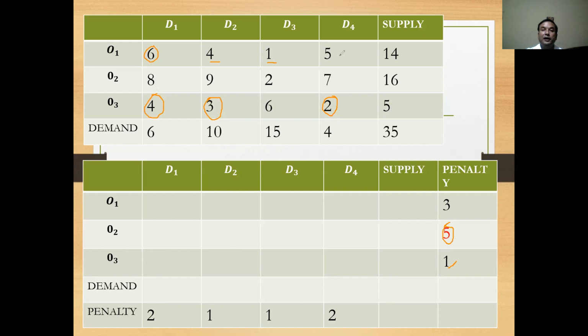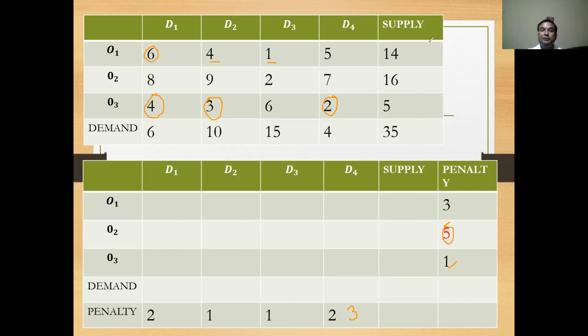And here 3 and 2, the difference is again 1. Then 5 and 2, the difference is 3. It is wrongly written; this should be 3. Hope you remember it.